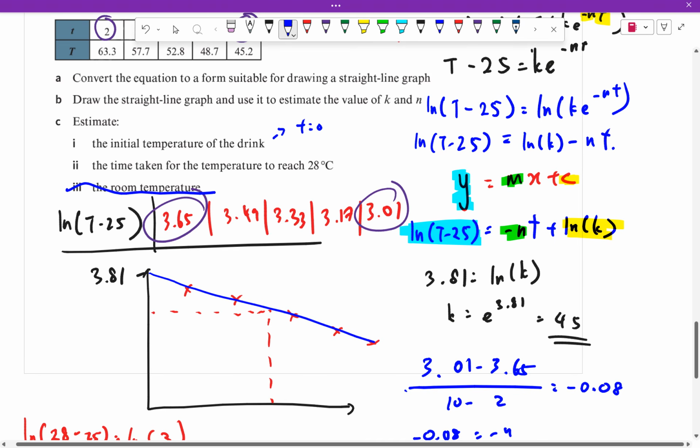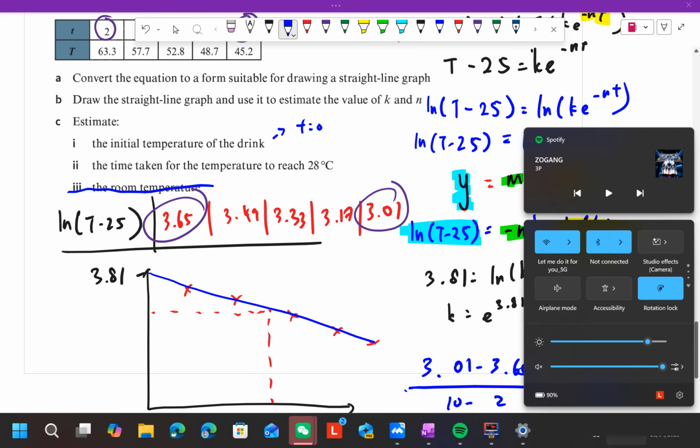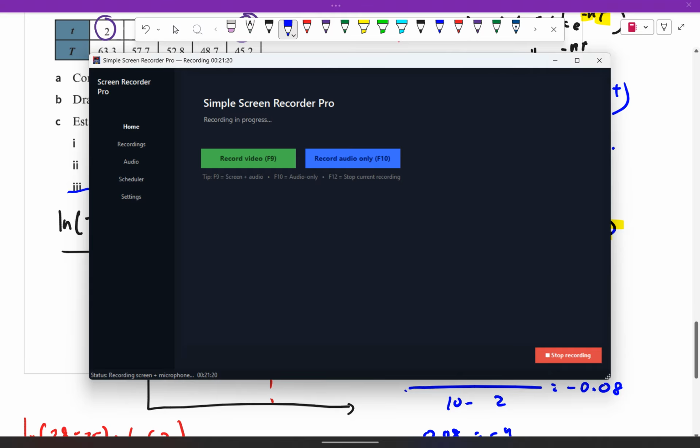This question is actually not that useful, but it's trying to say that the longer the time, the closer you get to room temperature, and your room temperature is 24 or 25, which is a bit not useful. But anyways, that's pretty much it for the transformation of exponential, and that will be it for the entire chapter and topic. All right.